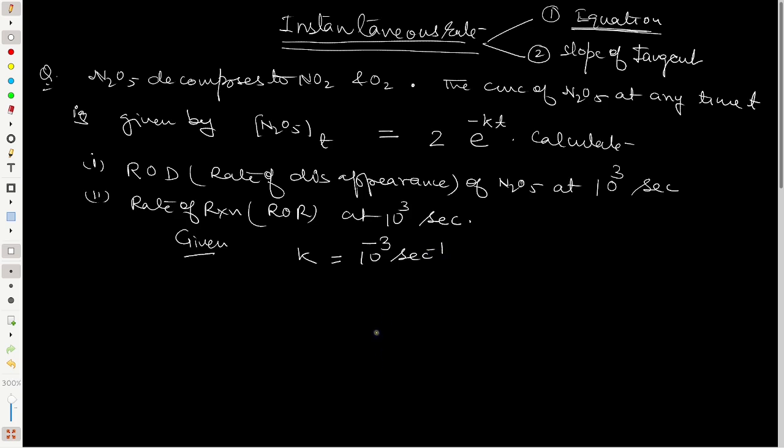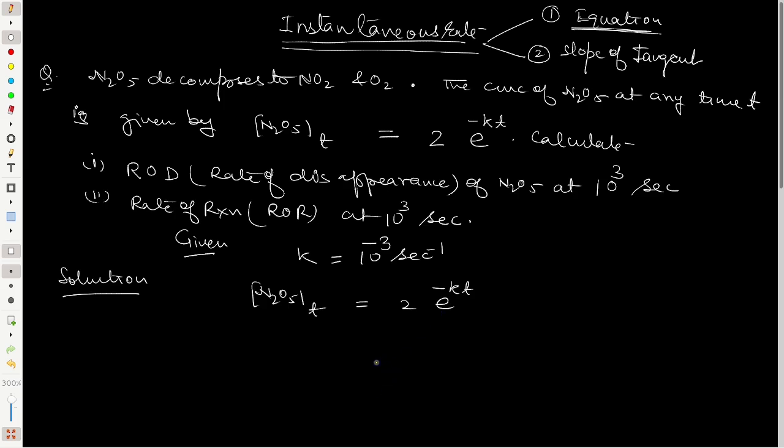This is the given value of k. Now we have to solve this question. Here it is N2O5 at time t is equal to 2 into e to the power minus kt.